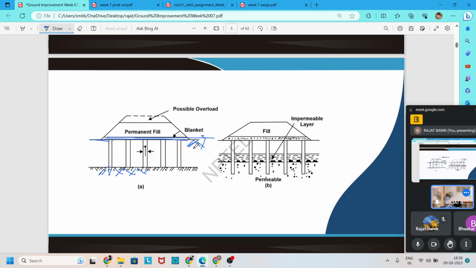This small layer is called the drainage blanket. Its thickness should be between 0.33 meter and 1 meter. To create this layer, we use good gravel material or porous sand material.